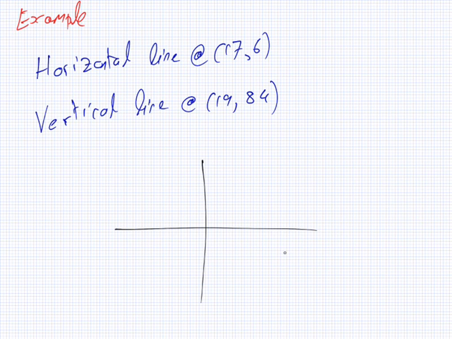It's okay. Right. So we haven't talked about this, but we'll finish with this example. Here is the point 17.6, and I want the equation of the horizontal line here. Does anybody know the equation of this line? In fact, you can see it straight away. What's the m? 0.